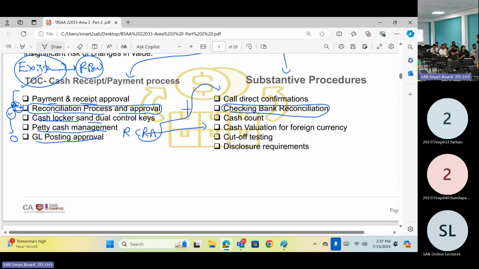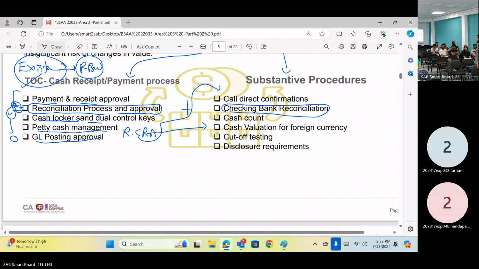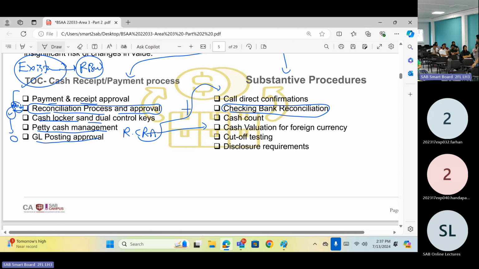Bank reconciliation. Simple, right? Control account is the bank reconciliation. We have the cash book and the bank statement balance.